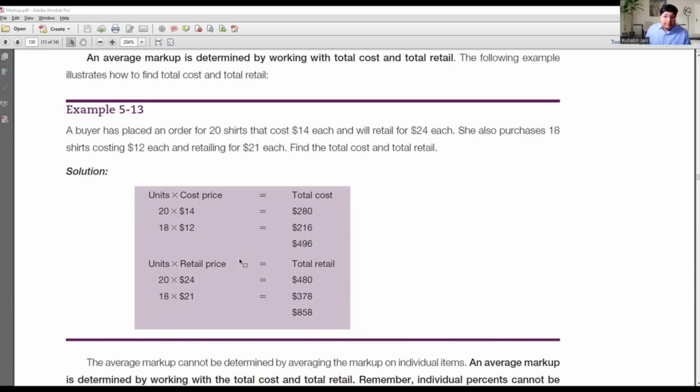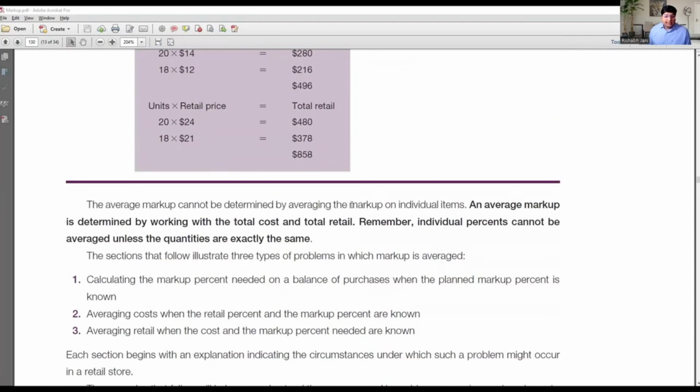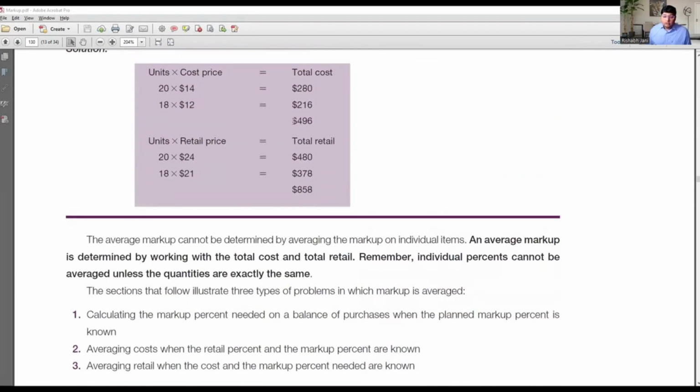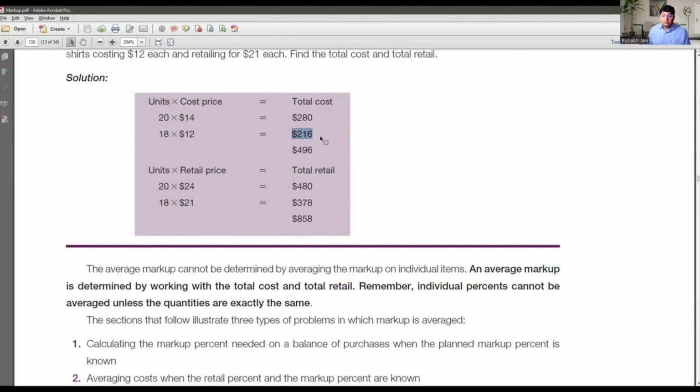We can't apply the same markup, but what's the average between the two? Well, the way to calculate that is by taking our total cost, which is adding both the figures. So 280 for the first set of purchases and 216 for the second. And then adding the total retail, which is 480 for the first one and 378 for the second retail value.